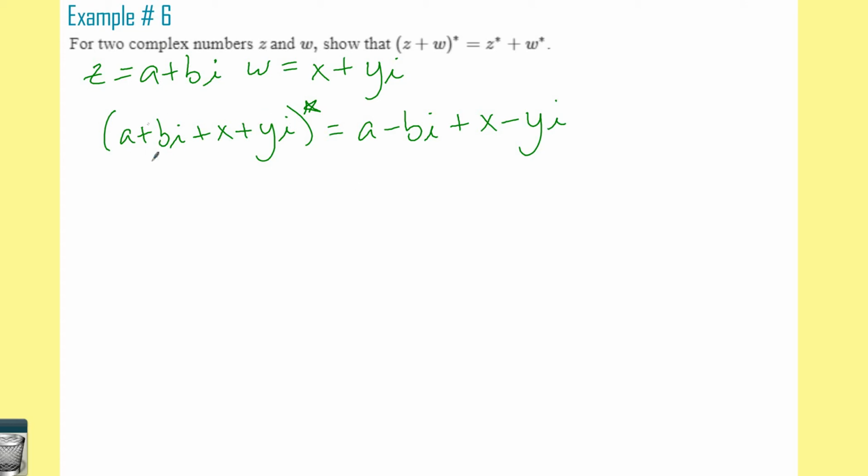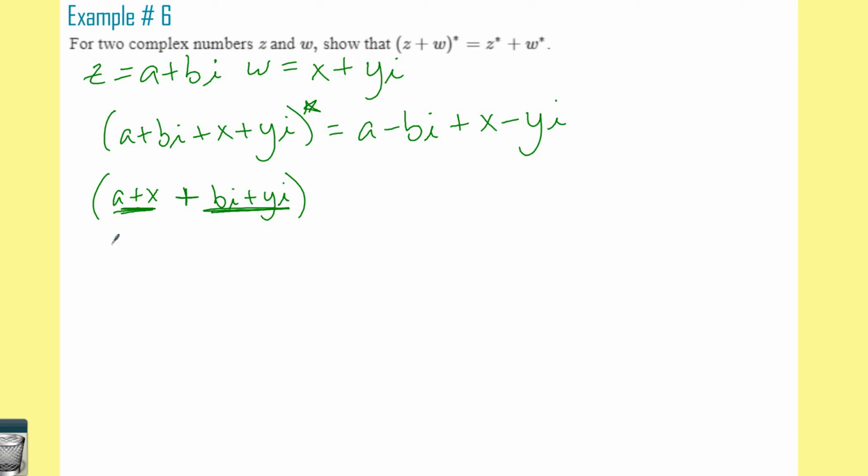So here, let's think about how we do the conjugate of this. This is a plus x, the real part, and then plus bi plus yi, the imaginary part. If we're going to do the conjugate, remember all we're doing is taking the opposite of that middle number.